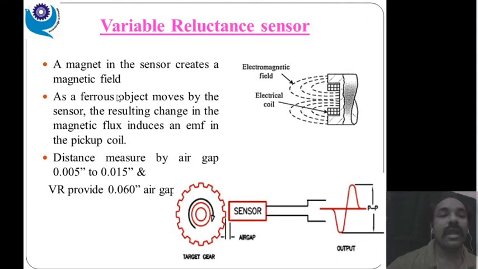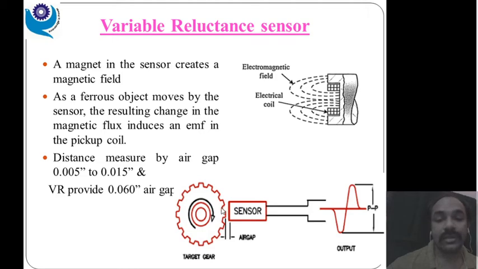Similarly, as a ferrous object moves by the sensor, the resulting change in the magnetic flux induces an EMF in the pickup coil wound on this one, due to the movement of the shaft or rotor, which cuts the flux.